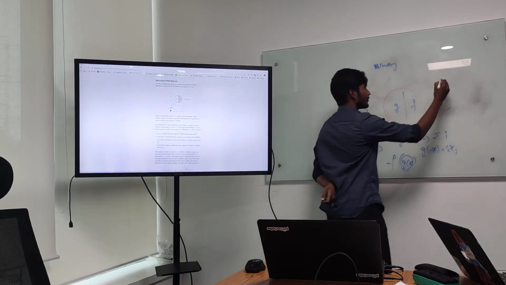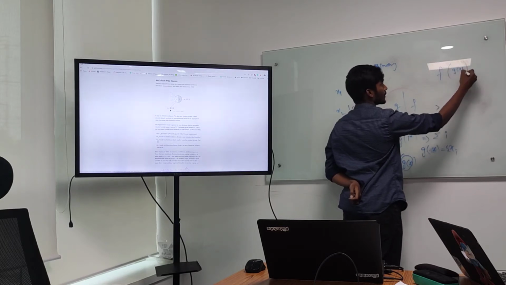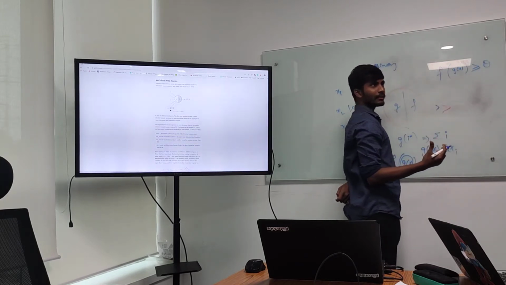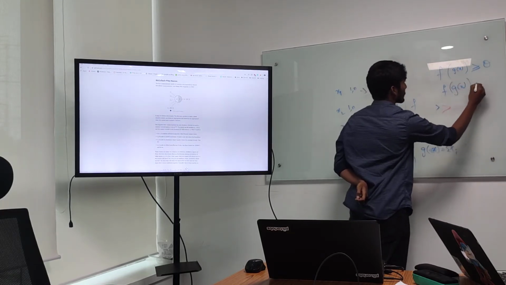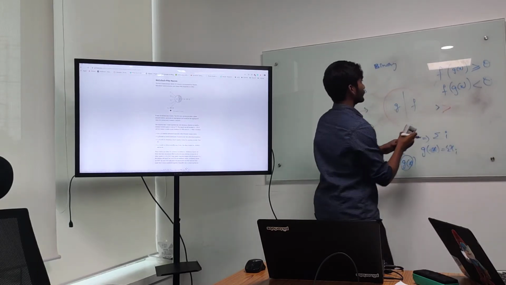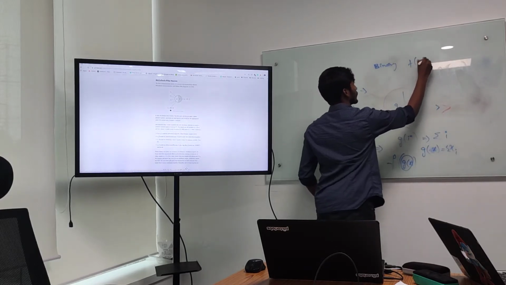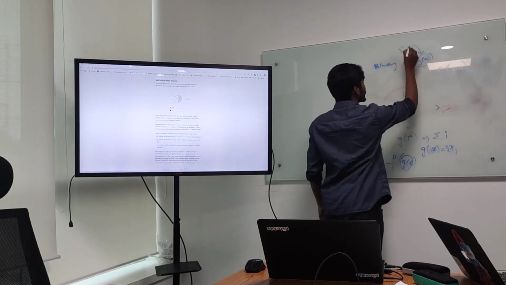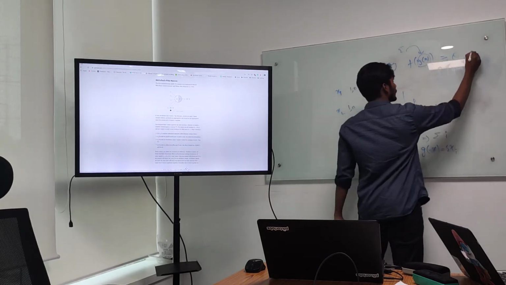The definition of f: g of x is nothing but the summed value being input here. If the summation is greater than or equal to some threshold value theta that we define, my output is 1.